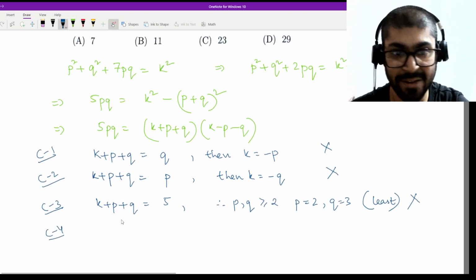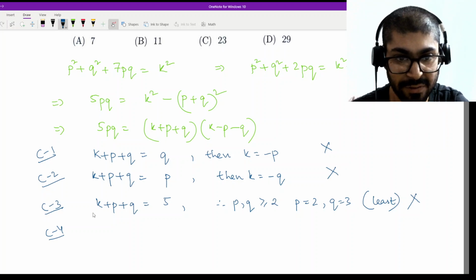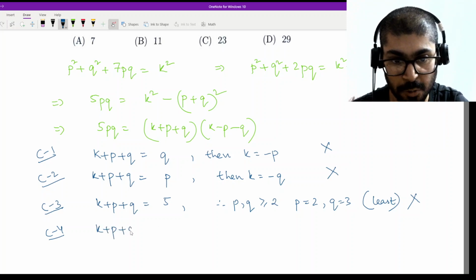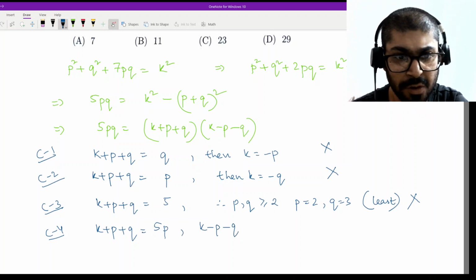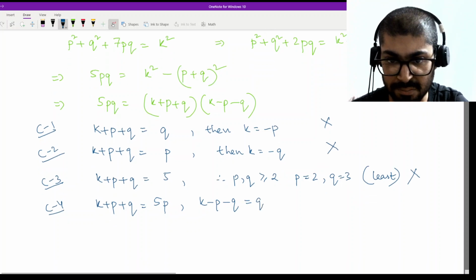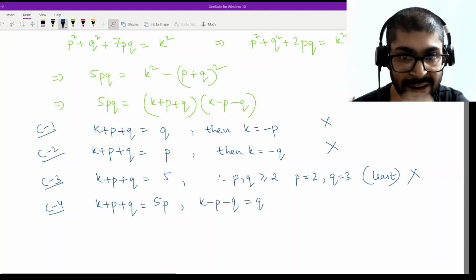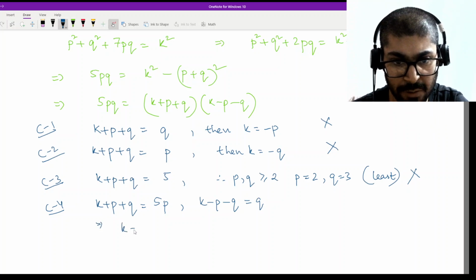Now we have checked each individual case. Now we can consider them together. So if k plus p plus q equals 5p, then k minus p minus q should be equal to q. So maybe we can solve these. If we eliminate k, what will you obtain? From here I'll have k equal to 4p minus q.